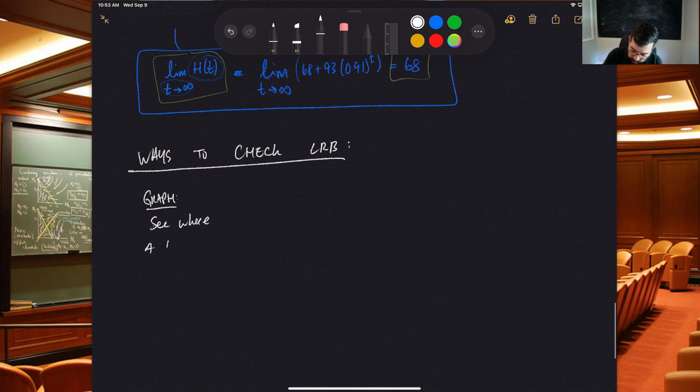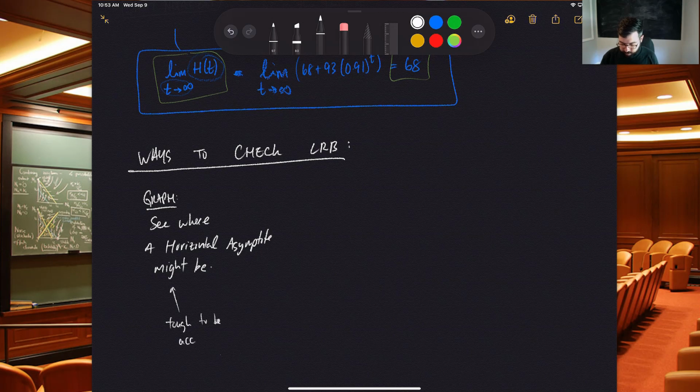See where a horizontal asymptote might be. So for us, we saw that at 68, but this is obviously going to be kind of tough to be accurate with, especially if you're on a TI-84, based on where your window is. This isn't really ideal. This is more like kind of like a step 1 maybe.